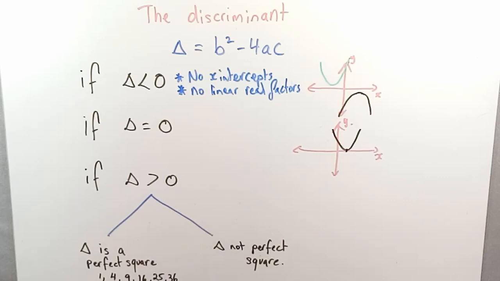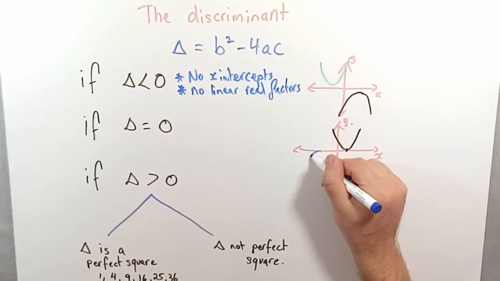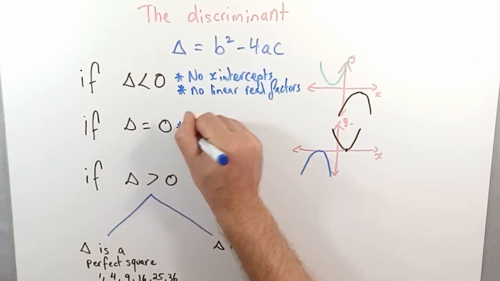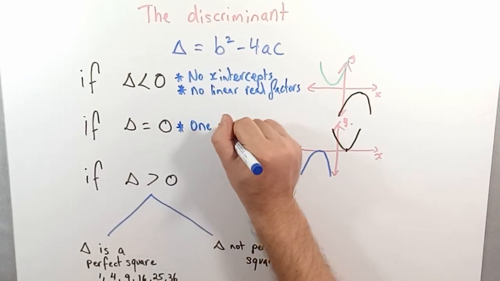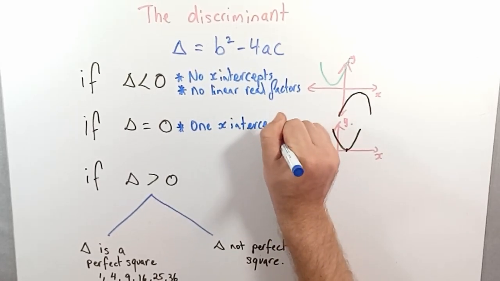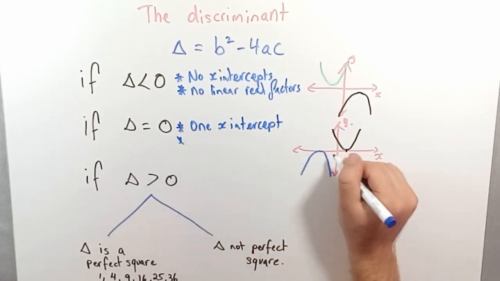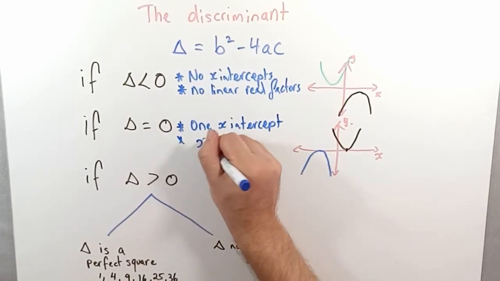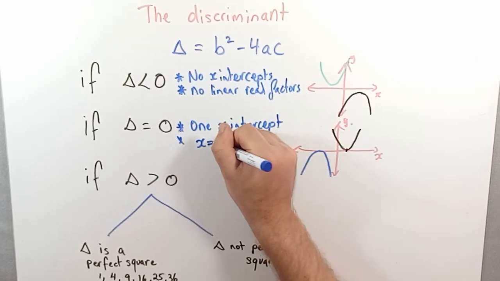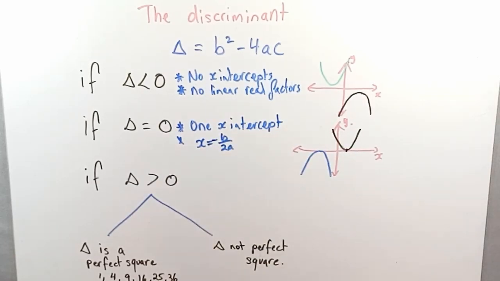Now it could be upside down, that's fine, but it only touches the x-axis. So one x-intercept, and where is that? Obviously it has to be on the turning point, which we know is at negative b on 2a. So that's really easy to find.